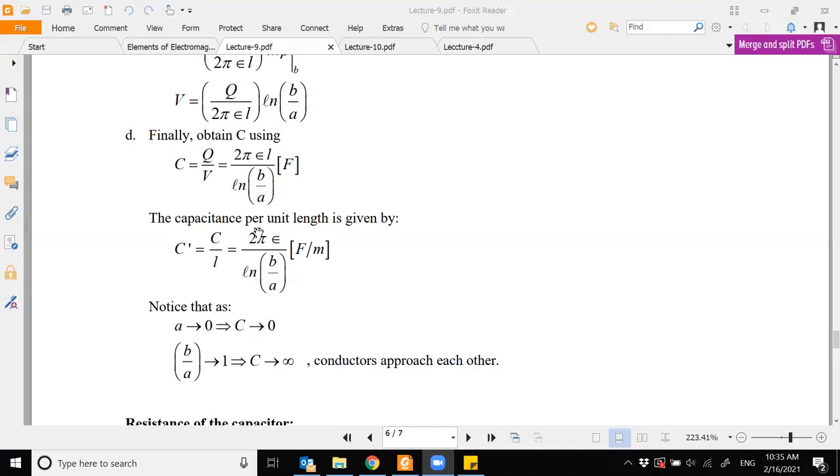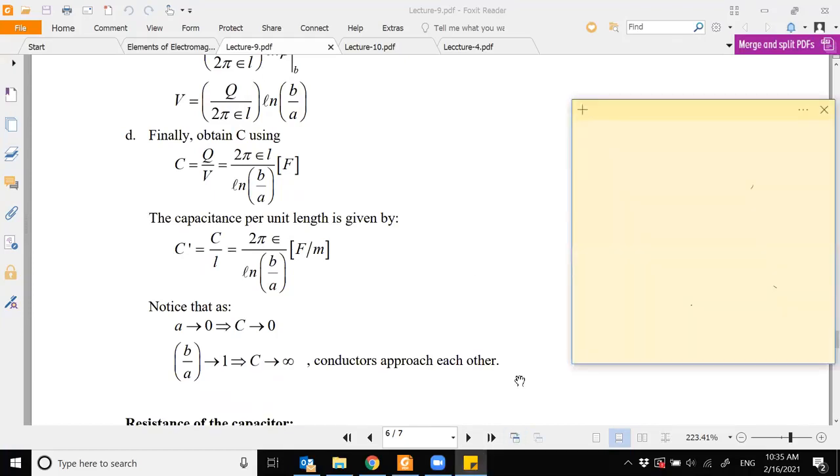And now this will allow us to design the capacitors properly, because it depends on A and B. That is, it depends on the radius of my inner conductor and the outer conductor. So if I make the inner conductor as small as possible, that means if A approaches 0, then your capacitance will decrease.